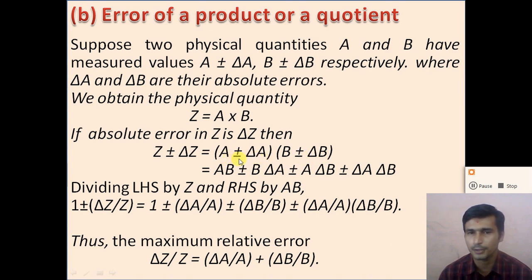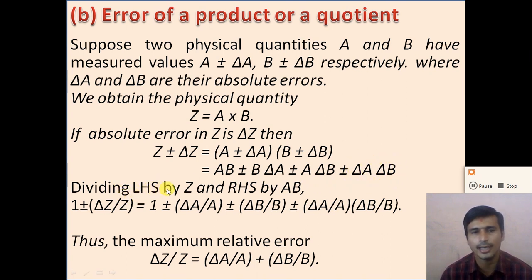If we open this bracket, we get four terms: A multiplied by B, plus minus B delta A, plus minus A delta B, plus minus delta A delta B. Now this term delta A delta B is very small compared to the other terms, so we neglect this term.